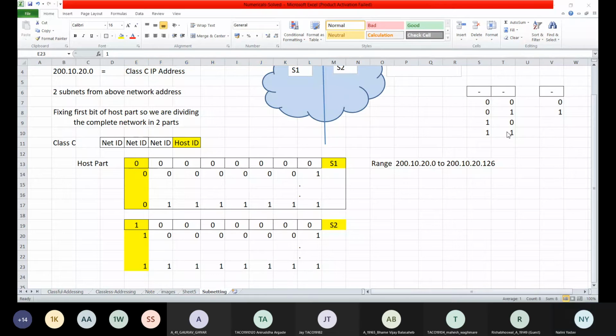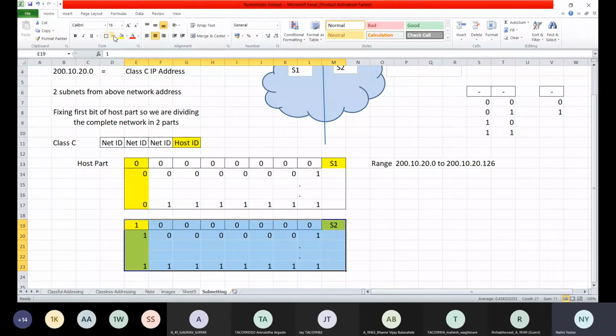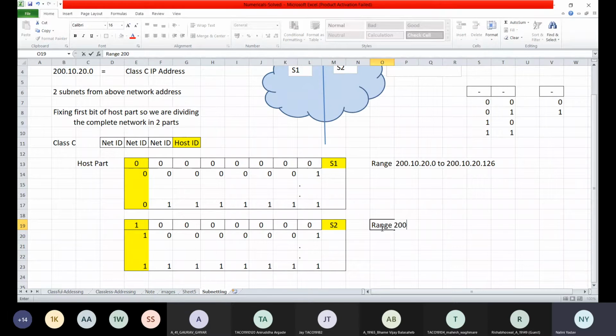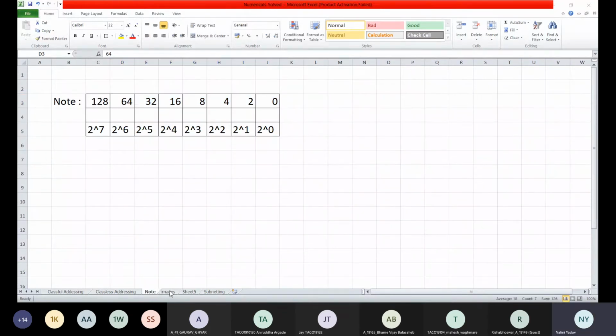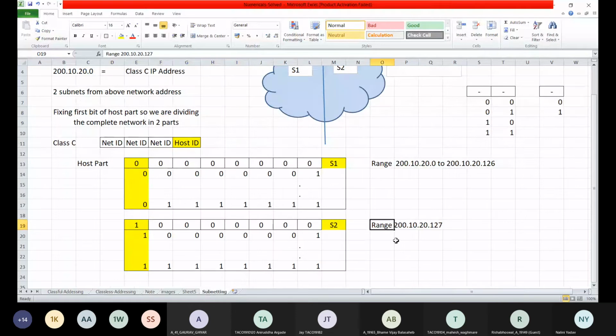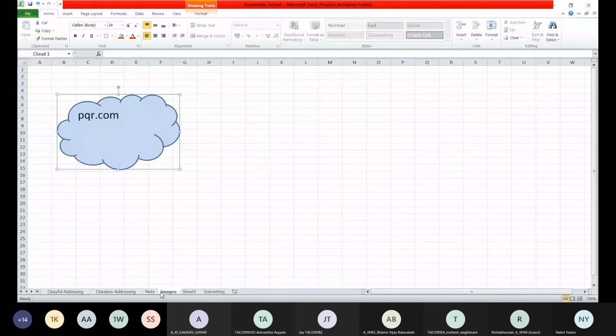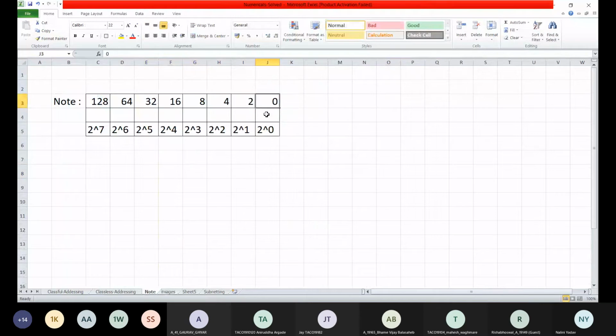So what is this value? This is my 255, correct? So for the range of S2, the network part will remain as it is, 200.10.20. What is the starting? 1 followed by all zeros, right? So that is my 128.